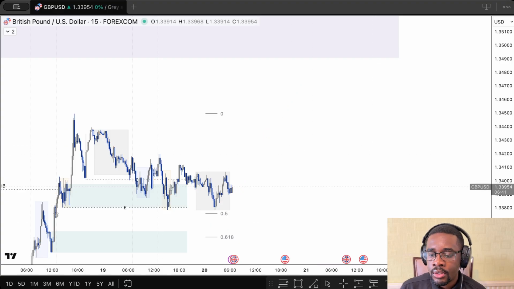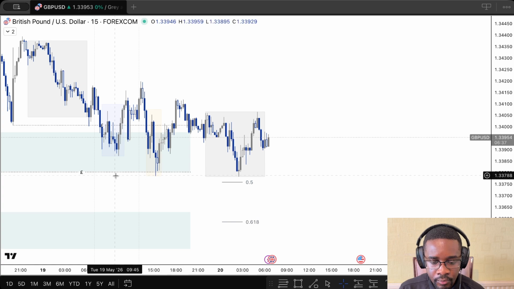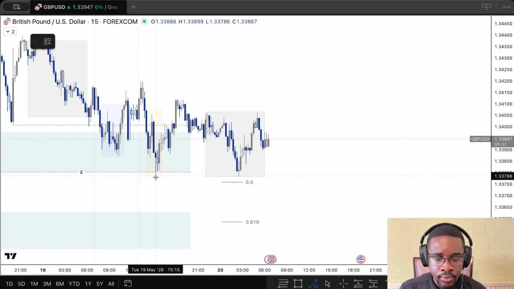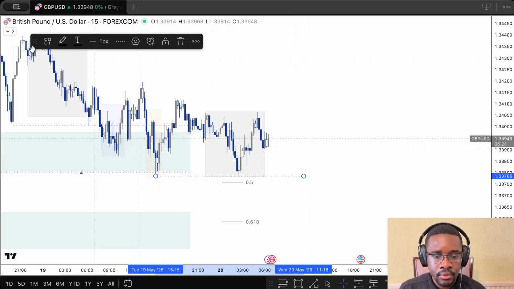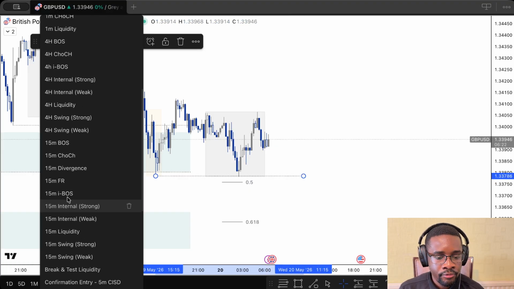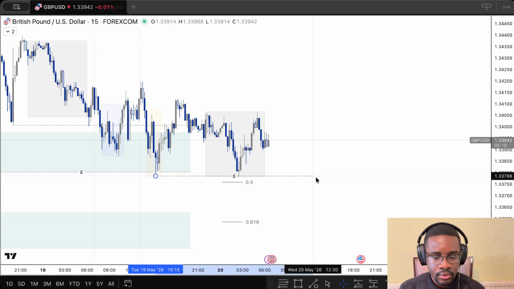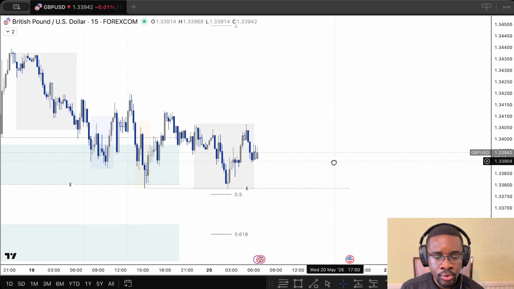Okay, so looking at today, we do have relative equal lows. And that's what we have, relative equal lows right there.